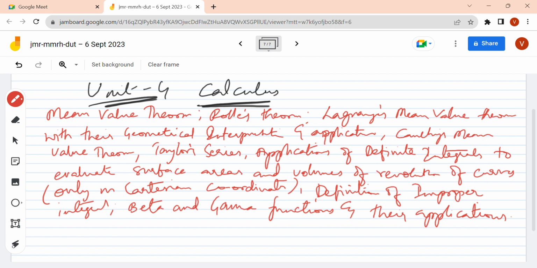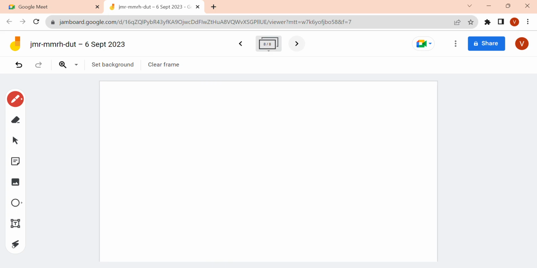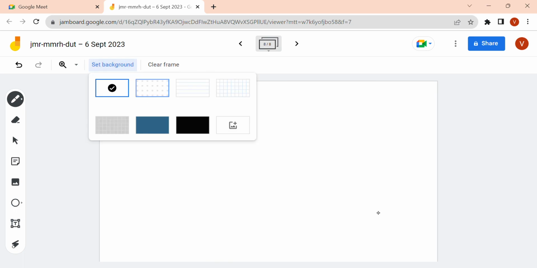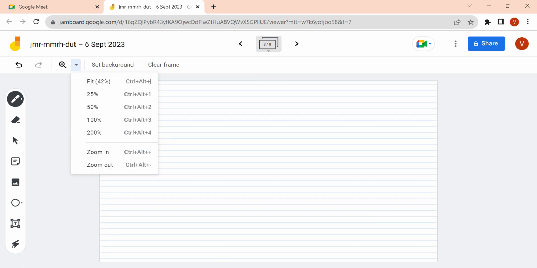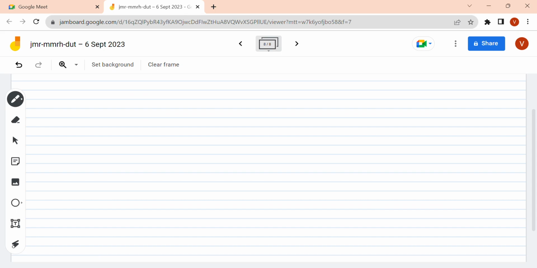And your unit 5. Unit 5 deals with your multivariable calculus, that is partial differentiation and applications.